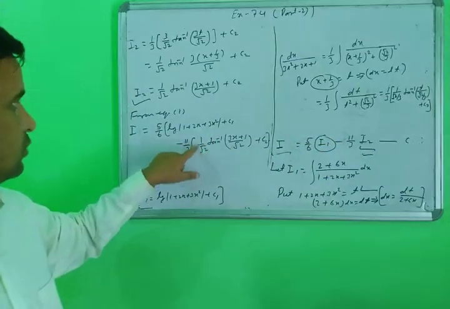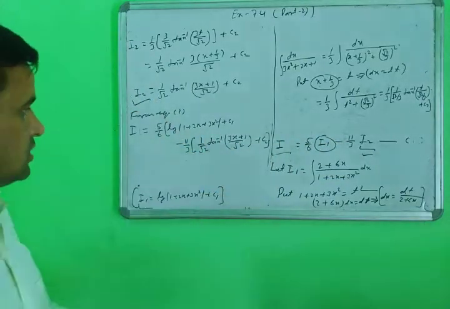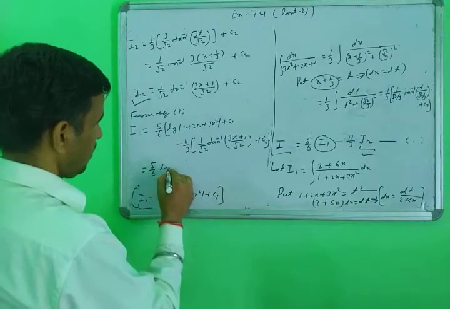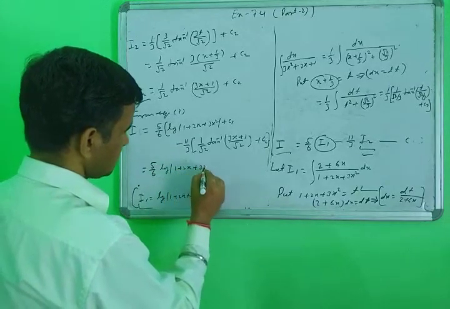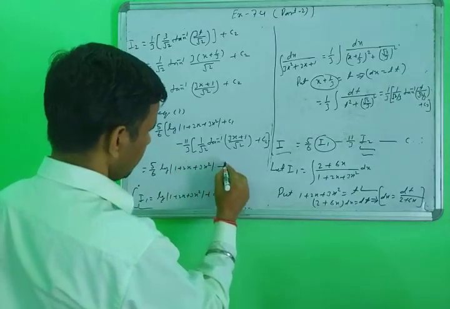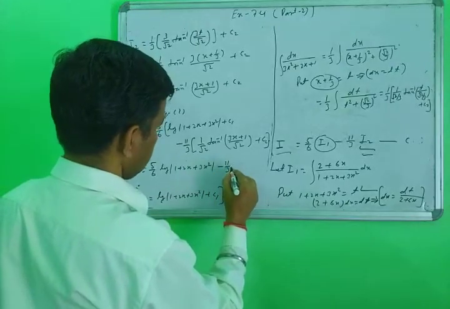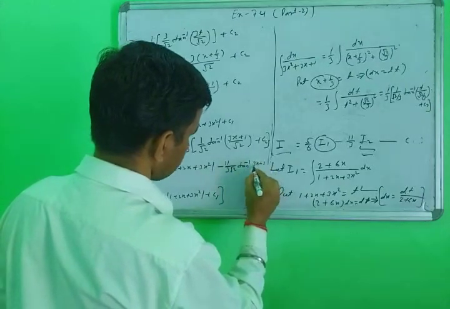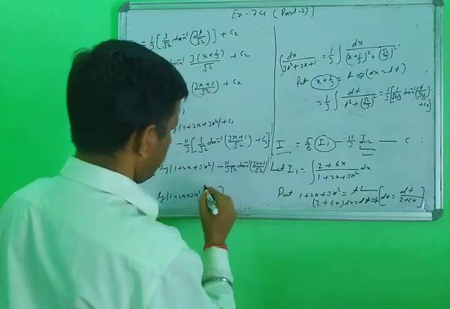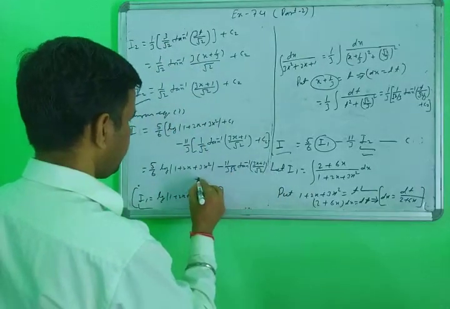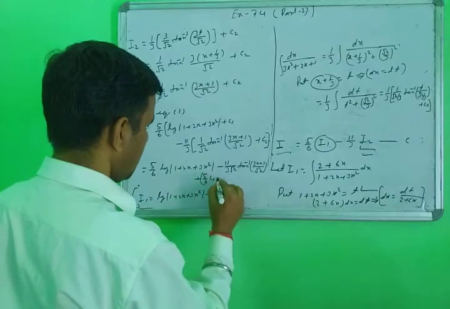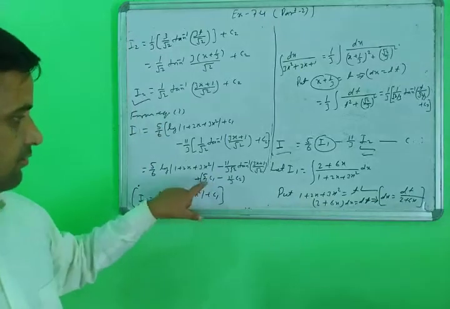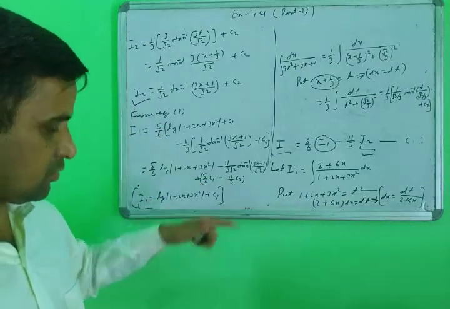Substitute this, then you get the answer: 5 by 6 log of 1 plus 2x plus 3x square minus 11 upon 3 root 2 tan inverse of 3x plus 1 upon root 2, plus 5 by 6 c1 minus 11 upon 3 c2, and this is the constant part.